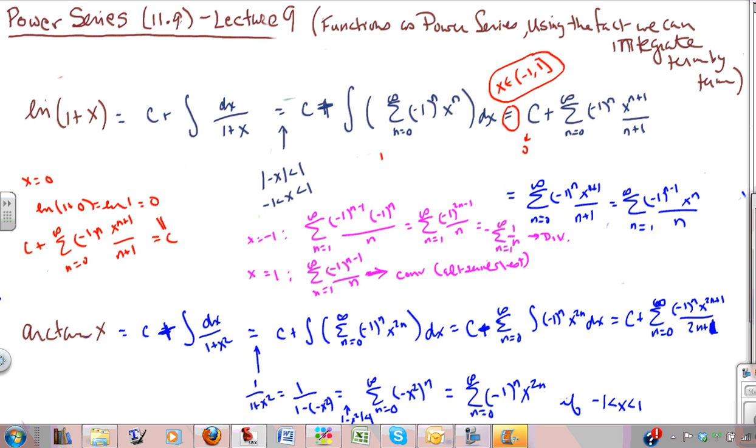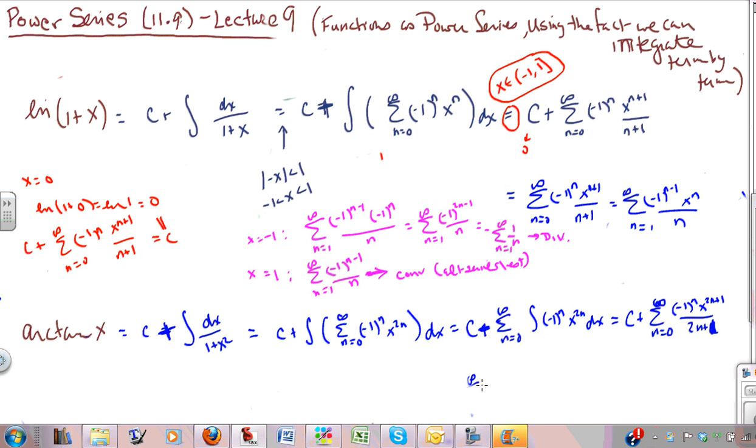Okay, so let's do some erasing here so we can figure out the actual interval of convergence. This here is true if negative x squared is less than 1, which is the same as negative 1 less than x less than 1.